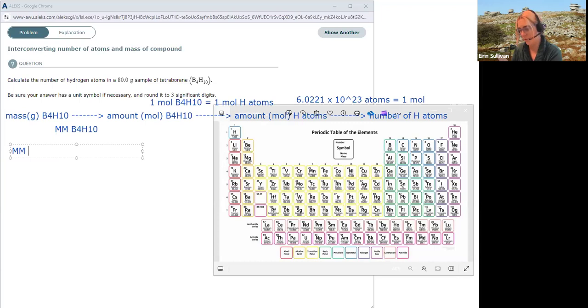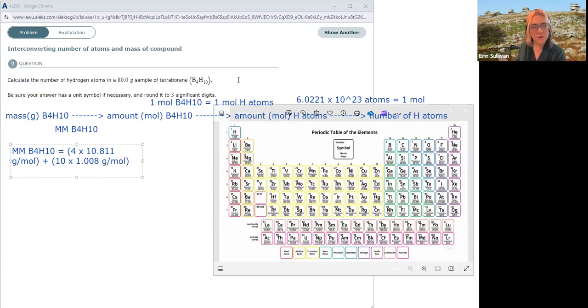So molar mass of B4H10 is going to be 4 times boron, which hopefully I haven't obscured. It's 10.811, I think. If I've misread that, I do apologize, but we're learning the method, not just looking at what the end number is. And then 10 times 1.008 grams per mole for hydrogen.